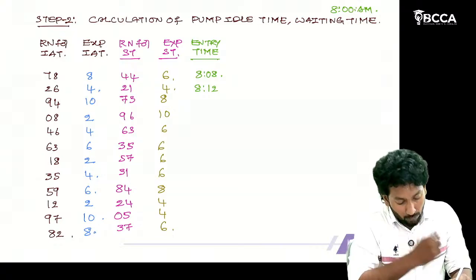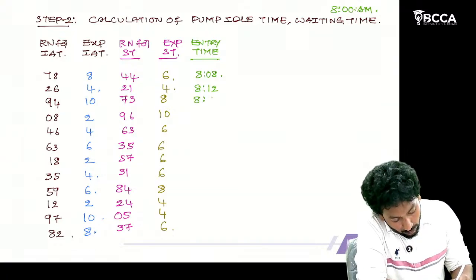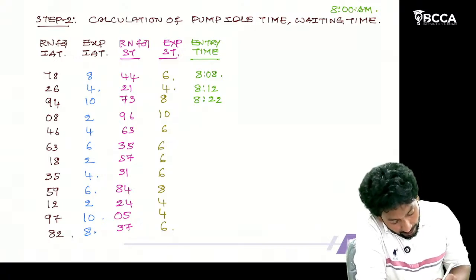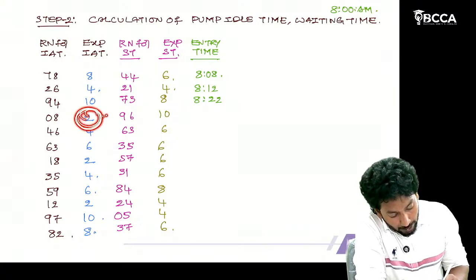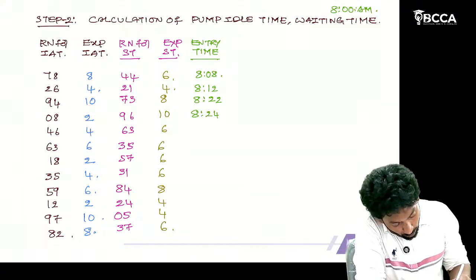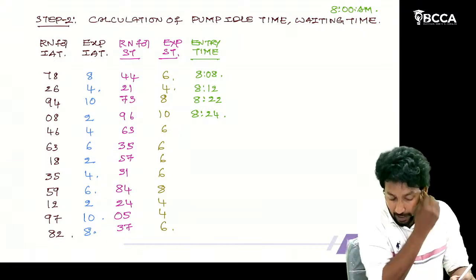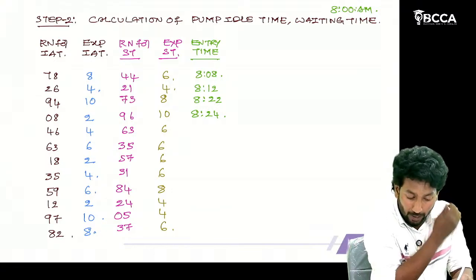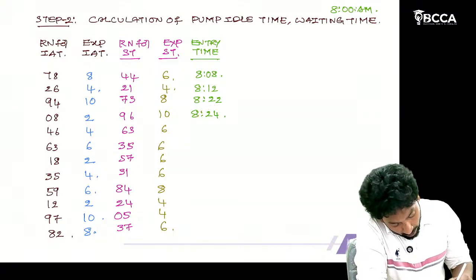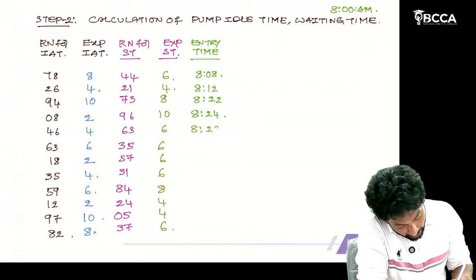Next customer, 12 plus 10, 22. Next, 22 plus 2, 24. Inter-arrival time means the time gap between two arrivals, so that's why we add these timings. 24 plus 4, 28.